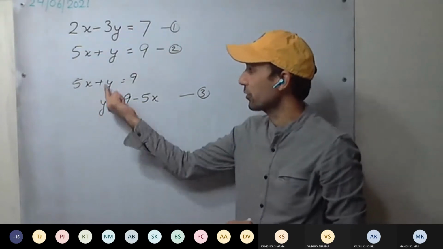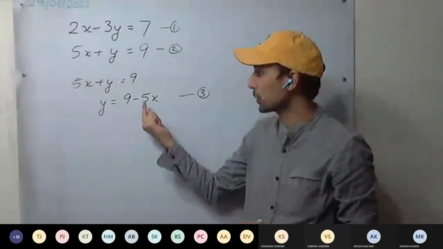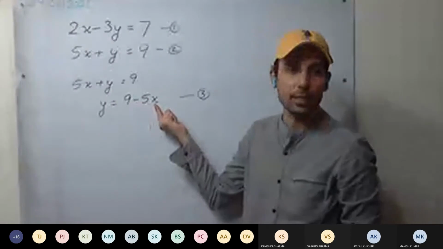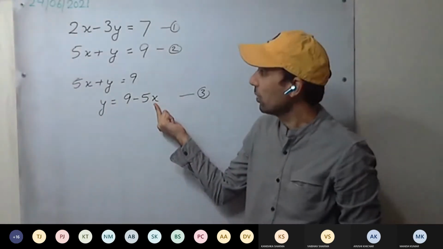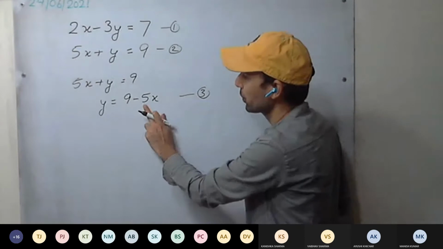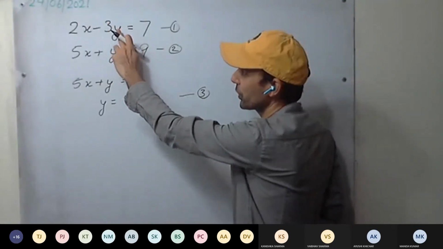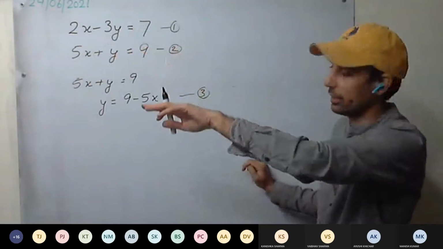So from second equation, we have calculated the value of y in terms of x. That is one variable we have taken in terms of the other variable. Now we have to put this variable y in first equation. From first equation, we are going to eliminate y.